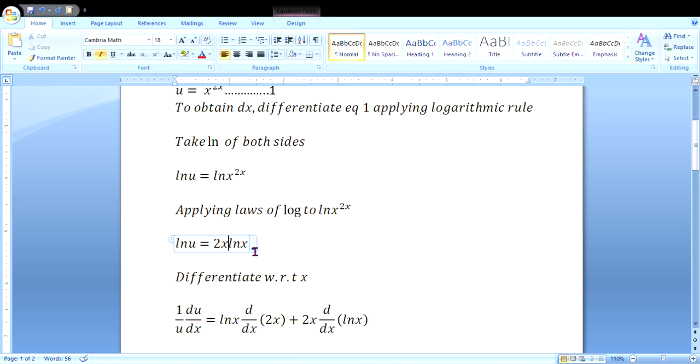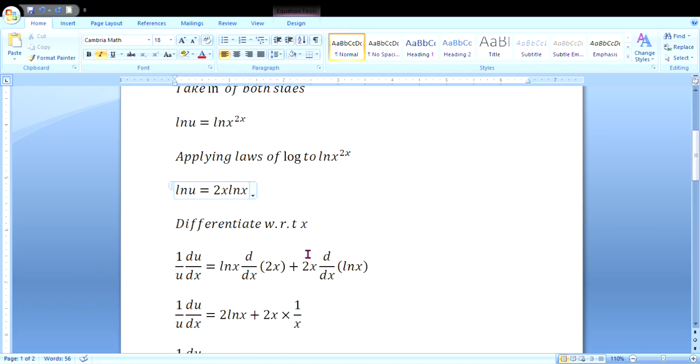We hold ln x and differentiate 2x, then we hold 2x and differentiate ln x. On the left side, the derivative of ln u is 1 over u, so this becomes 1 over u times du dx is equal to ln x times d dx of 2x, plus 2x times d dx of ln x.